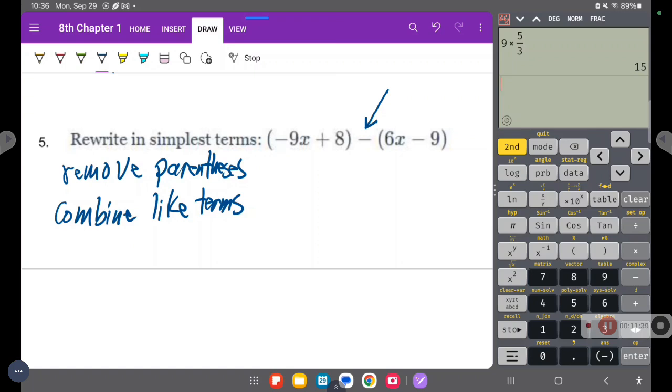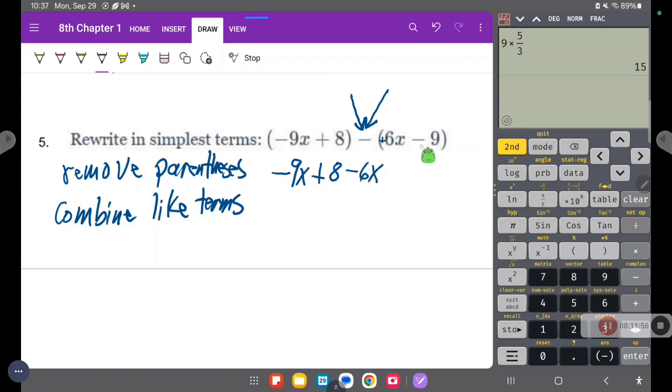So put that arrow right there, okay? Everything over here just stays like it is. That'll stay a negative 9x. This stays a positive 8. But because of the minus, this 6x, which is a positive 6x right now, becomes a negative 6x.